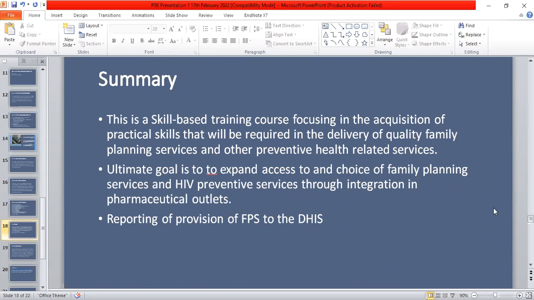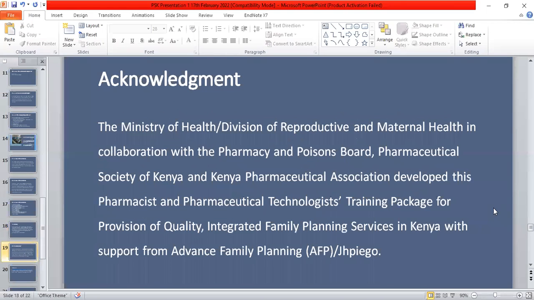The ultimate goal is to expand access and choice of family planning services and HIV preventive services through integration in pharmaceutical outlets. And then importantly, as I said, reporting or provision of family planning services to the DHIS so that these can be tracked and that we have a very clear picture of what the situation is on the ground as regards family planning services and access to contraceptives.